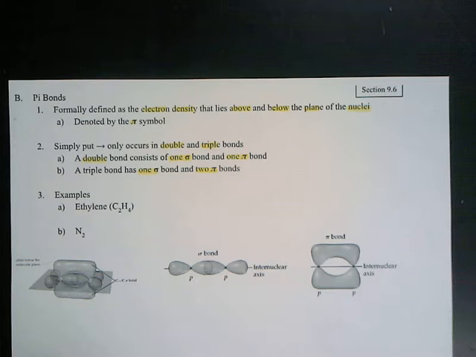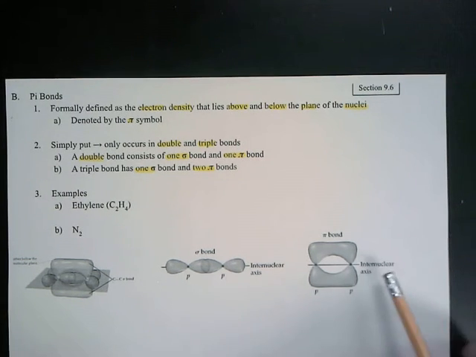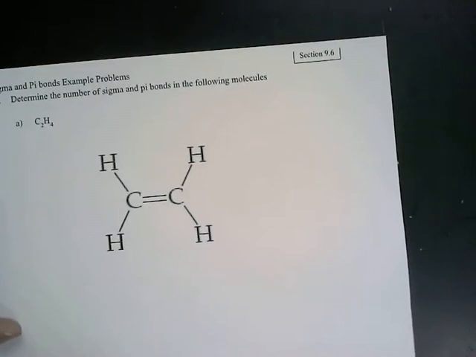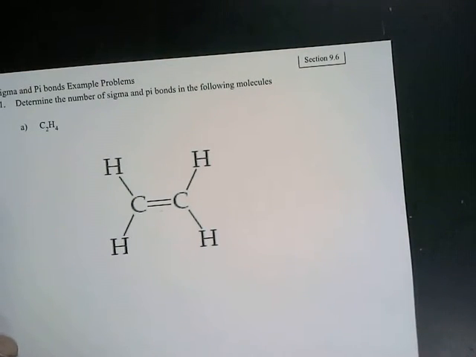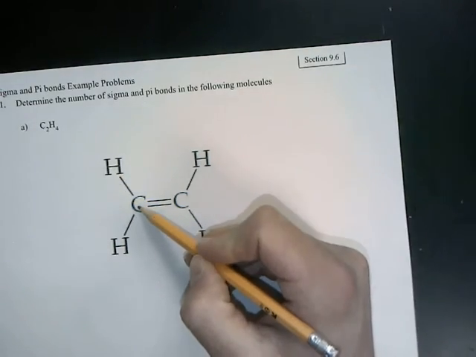All right, so let's go through an example and talk about pi and sigma bonds and identify them. Okay, so number one, it says determine the number of sigma and pi bonds in the following molecule. Well, remember that any direct interaction is going to have one sigma bond. So this H and this carbon will be 1.